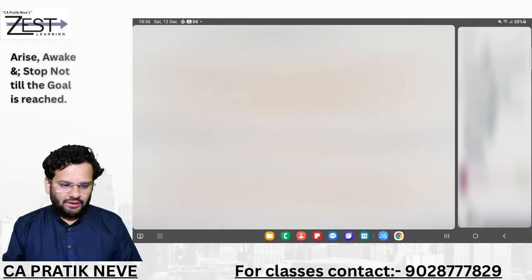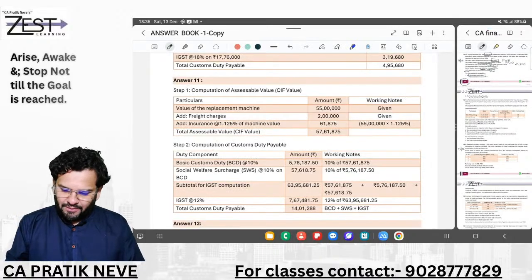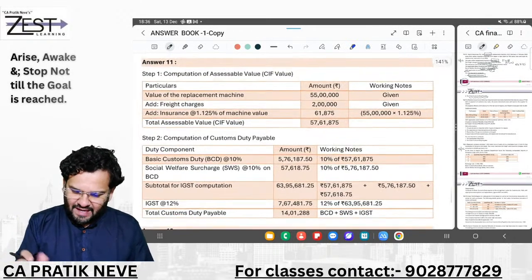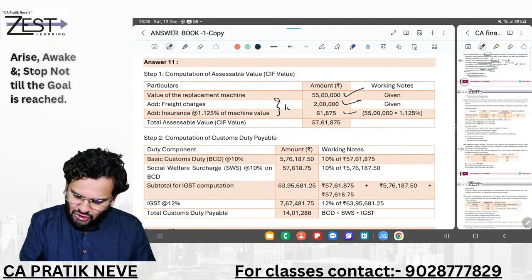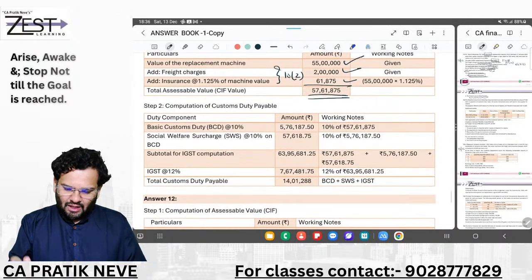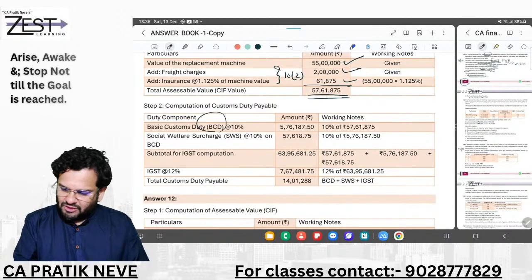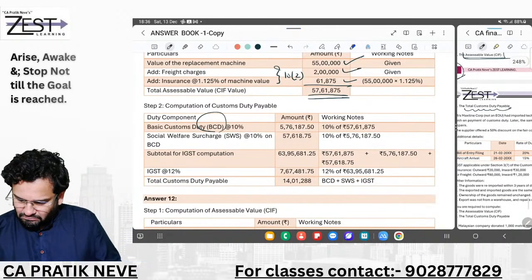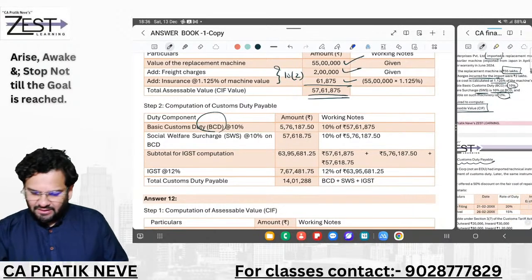So see how to do it. You got FOB 55 lakhs. You added freight. You added insurance. This is as per rule 10(2). You got assessable value. Now you get BCD, which is given at 10%.